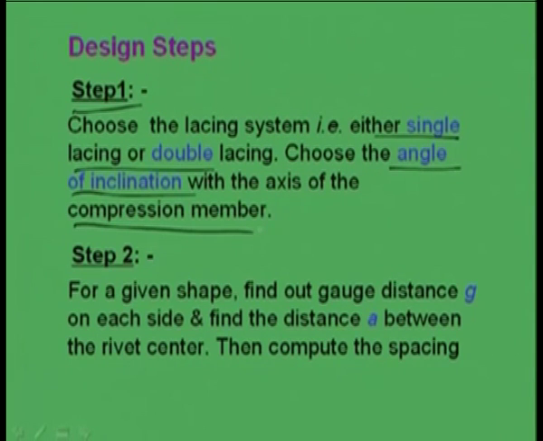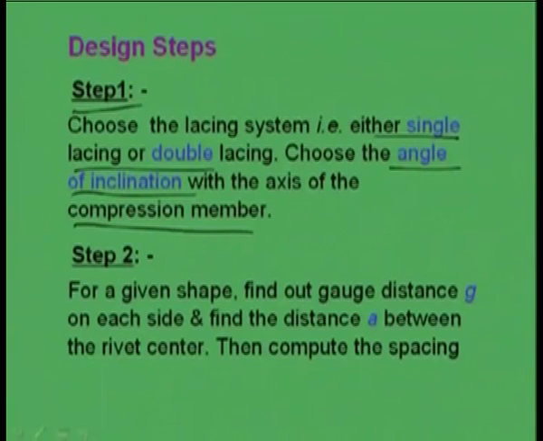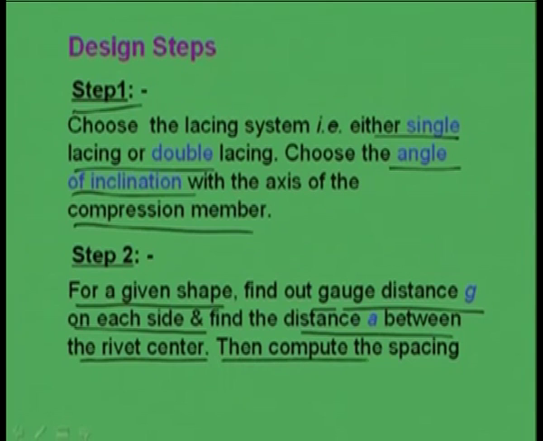In fact, in the codal provision we have seen last day that the angle of inclination should be between 40 to 70 degree. So, between that we will choose some angle of inclination. In the next step, for a given shape we will find out the gauge distance on each side and find the distance A between the rivet centers, then compute the spacing.